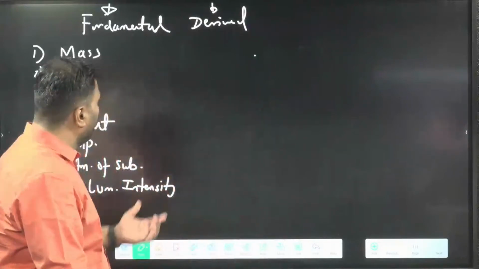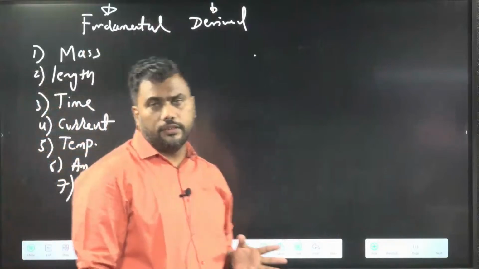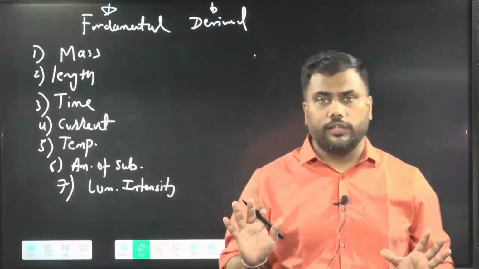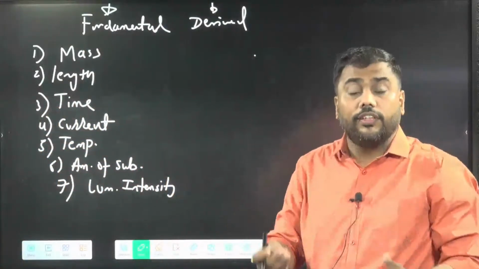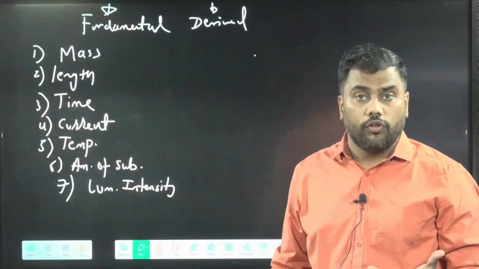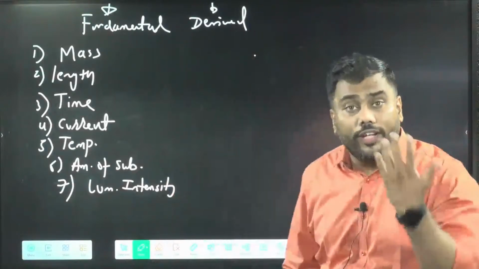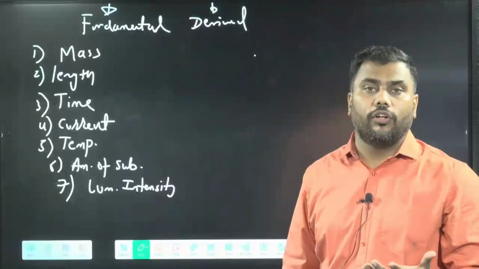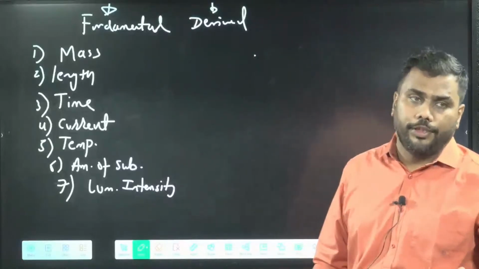What are dimensions? Our derived quantities are dependent on fundamental physical quantities. The definition itself involves some fundamental physical quantity. In what way they are dependent on fundamental physical quantities, that is given by dimensions.